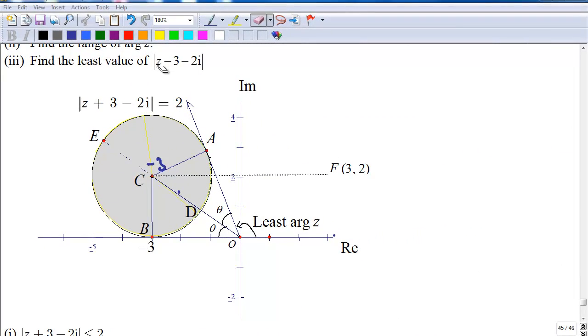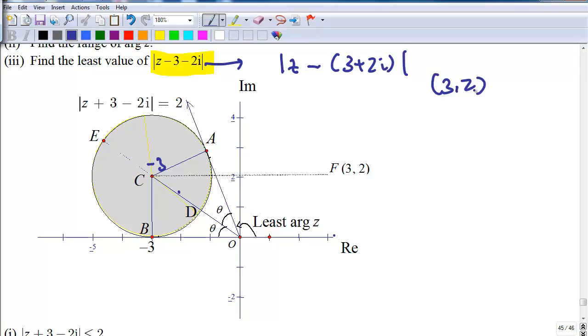Now for the last part, what we want to do is to find the least value of modulus z minus 3 minus 2i. Remember, the meaning of modulus is distance. If you look at this and rewrite this as z minus 3 plus 2i, then this is actually the distance between a point representing z and the point 3, 2.